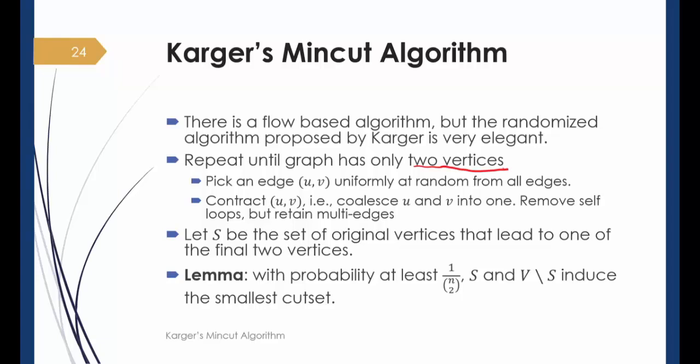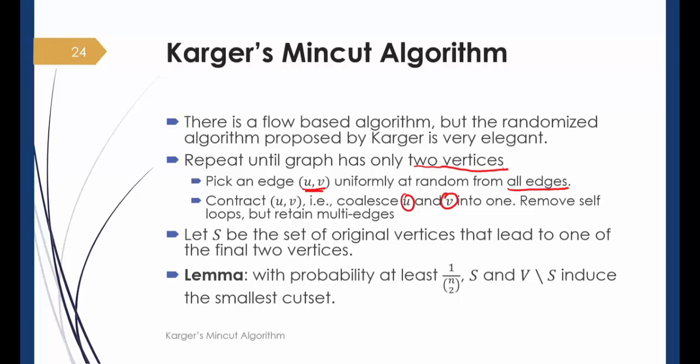In each iteration we pick an edge u v uniformly at random from all the edges that are currently in the graph. And once we pick an edge, we contract that edge. And what do we mean by that? We coalesce the two vertices. So, the edge u v is connecting vertex u and vertex v. We coalesce them into a single vertex.